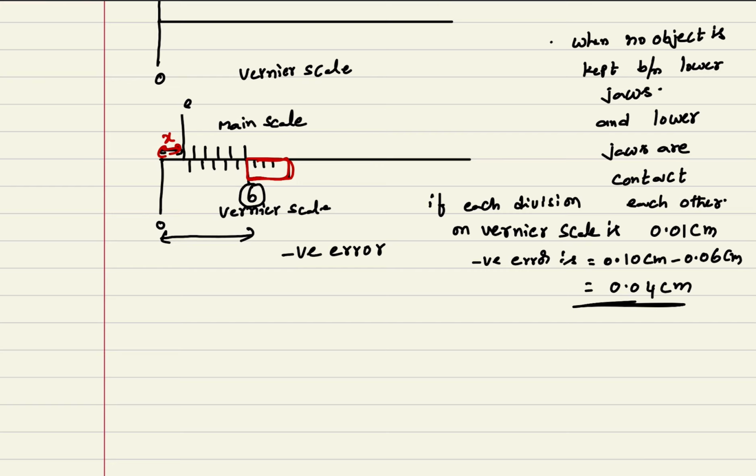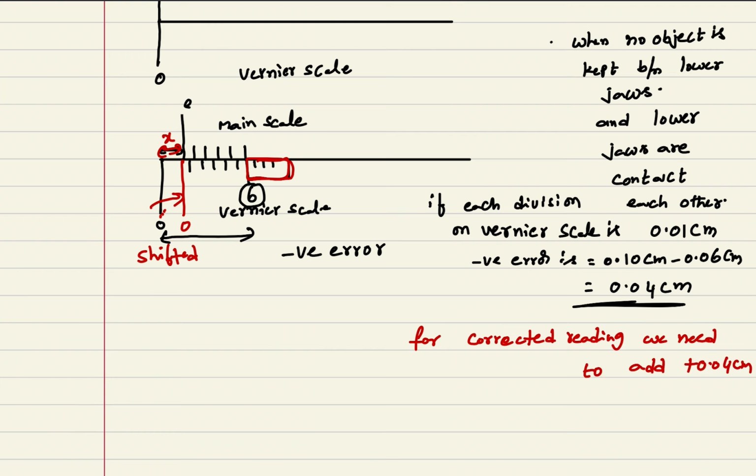That's why, to get the corrected reading, this 0 has to be shifted like this, as I am drawing with a red line. To shift that, we have to add, so the corrected reading will be positive. For the corrected reading, we need to add plus 0.04 centimeter in the final answer.